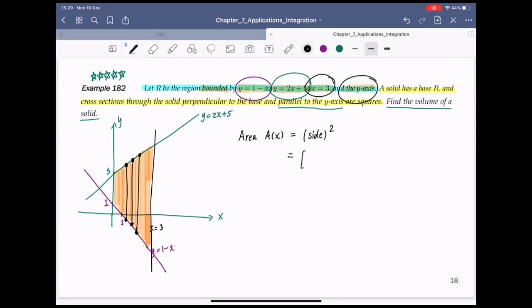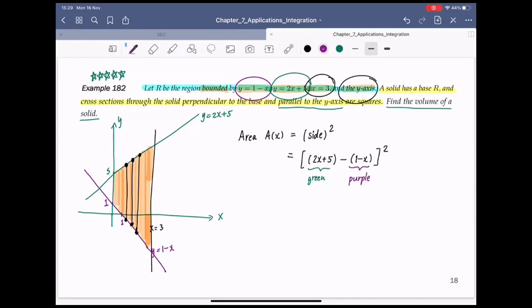So this is going to be 2x plus 5, from the top curve, minus 1 minus x, from the bottom curve. And then you square it, because this is the green line and this is the purple line.